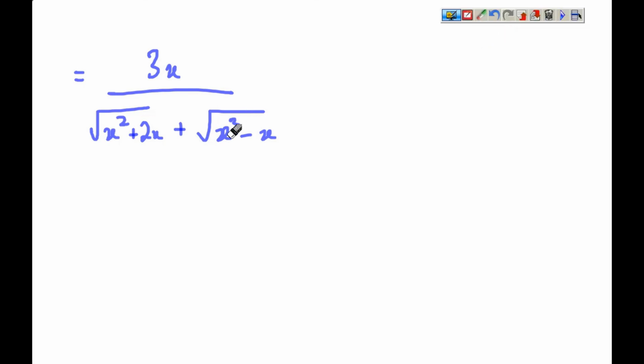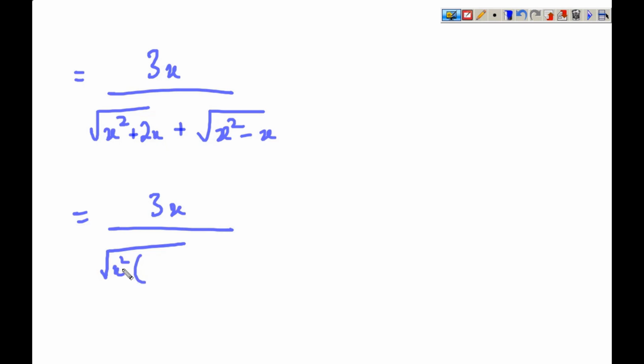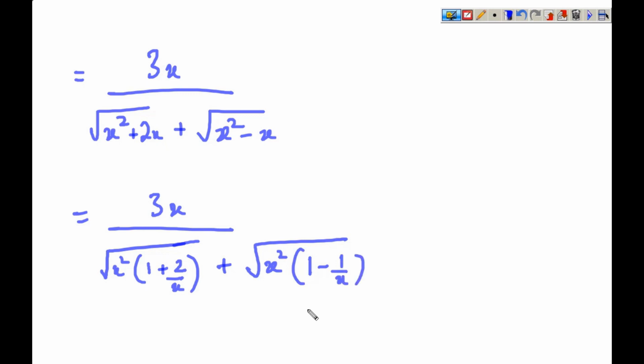So I'll try to simplify this more. We can see that x² is common in both these terms. Let's write it as the square root of x² times (1 + 2/x), right? So I'll get the same thing, x² + 2x. Similarly for the other term, I can rewrite this as x² times (1 − 1/x).